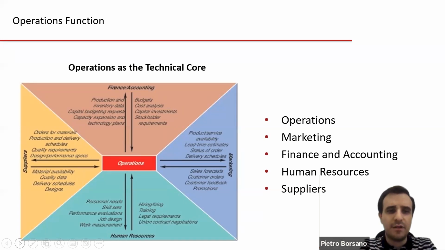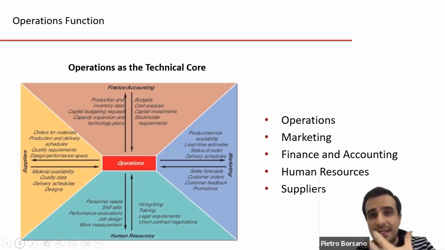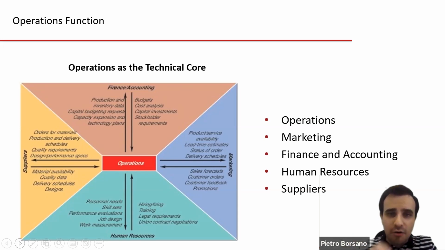For example, if you look at the relationship between the operations and the human resources, the operation will feed the human resources with the skill set needed, especially when it comes to newer jobs, newer skills, from programming to data science to business analytics and so on. There must be a very strong communication between the talent acquisition and your operations.